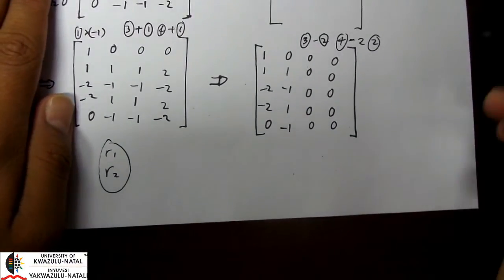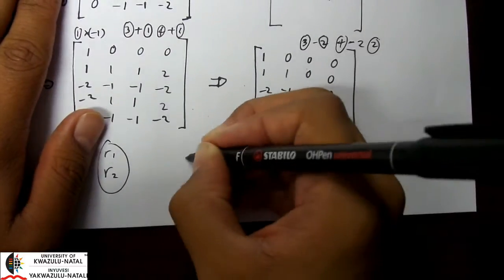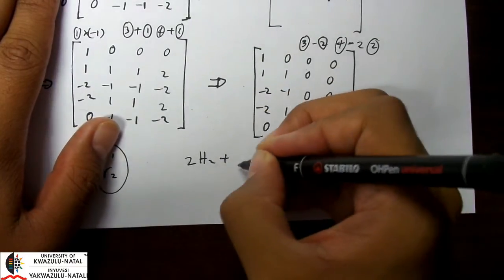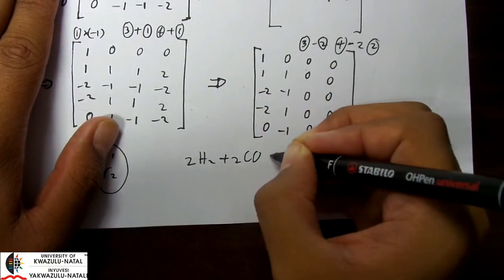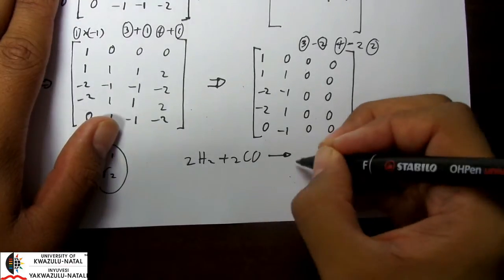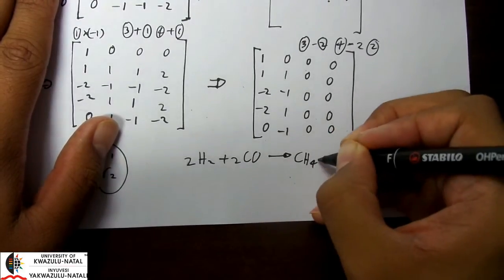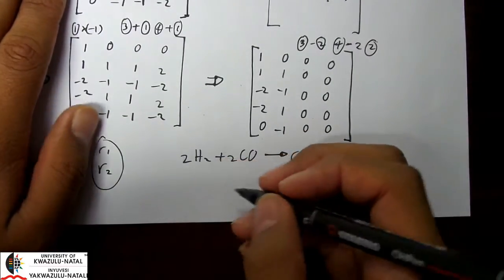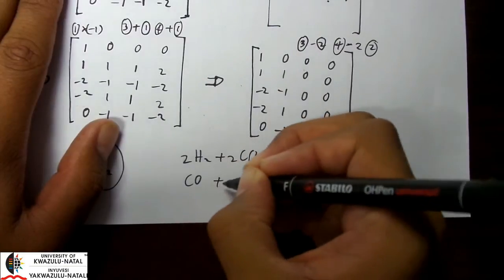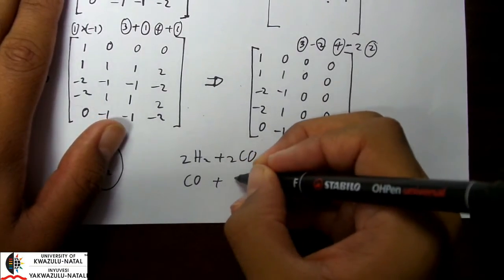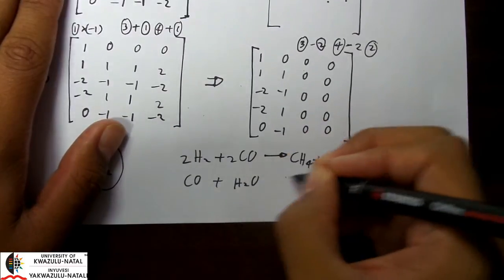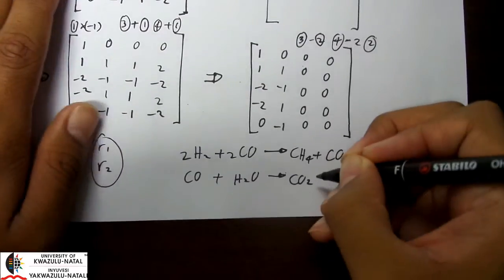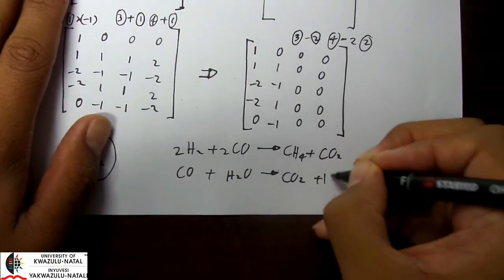So my actual reactions that I will be working with will have 2H2 plus 2CO becoming CH4 and CO2, and my reaction 2 will be CO plus H2O becoming CO2 and H2.